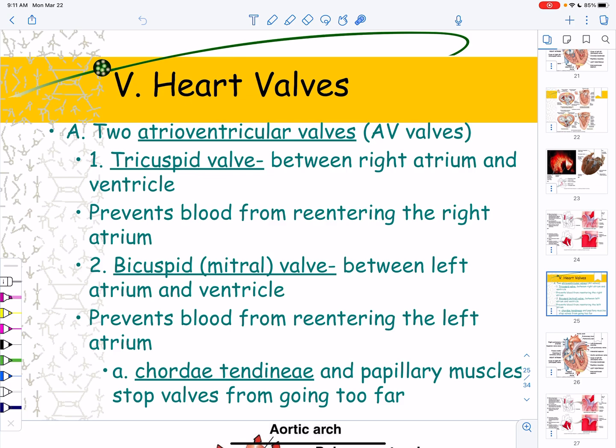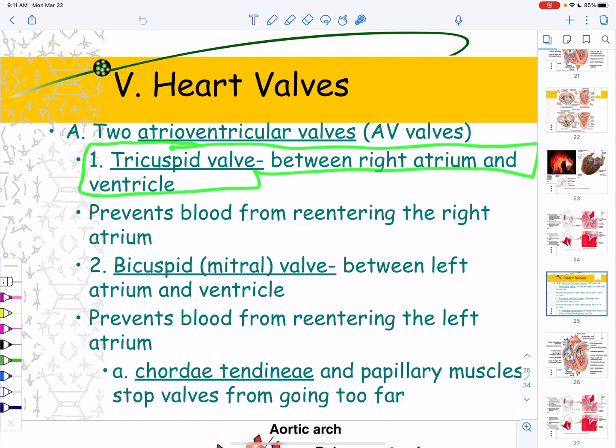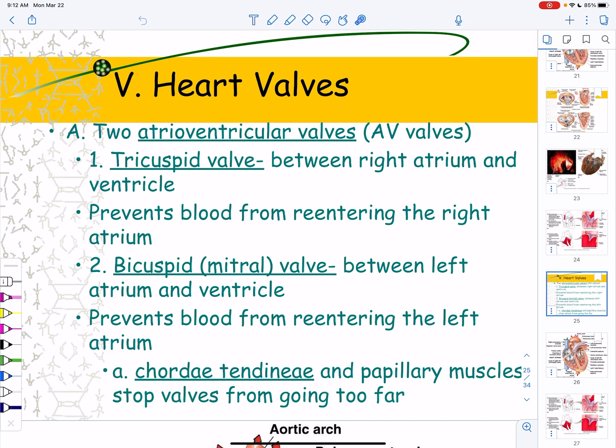Okay, so the tricuspid valve is in between the right atrium and the right ventricle. The bicuspid, or the mitral valve, is in between the left atrium and the left ventricle. And again, it's going to prevent blood from re-entering the atrium. We do not want blood moving out of the atrium into the ventricle and then back into the atria.